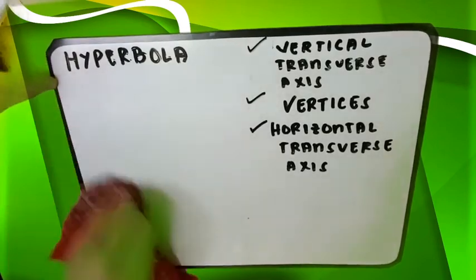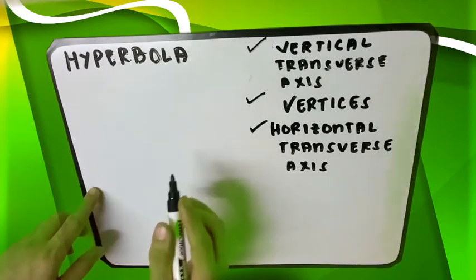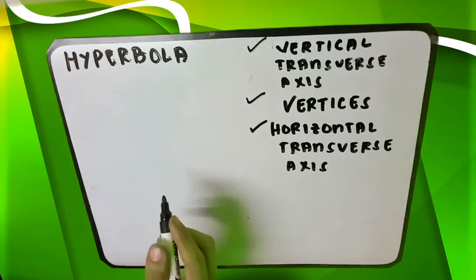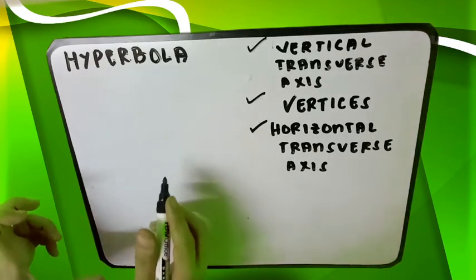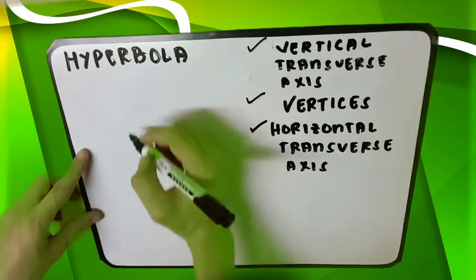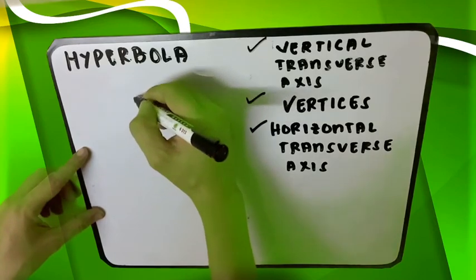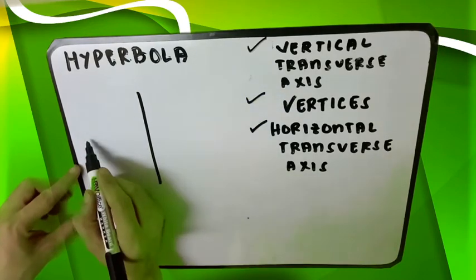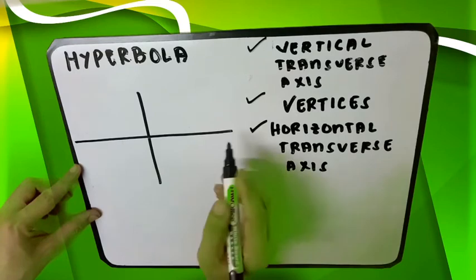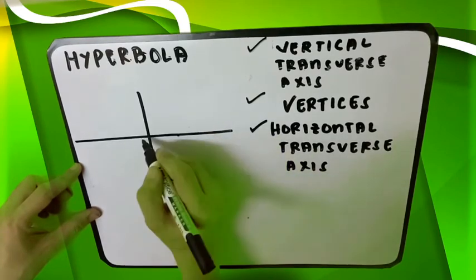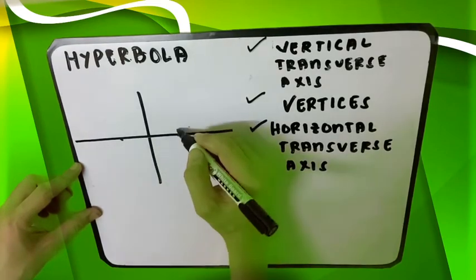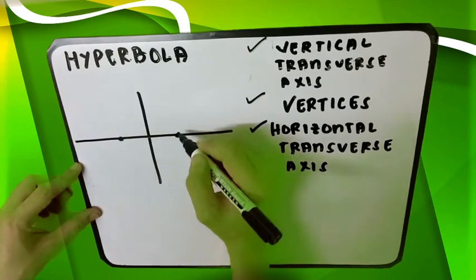Sa horizontal transverse axis, ibig sabihin, if we connect the two vertices, yung line segment na mapo-form ay nasa x-axis. So halimbawa, ito yung vertices.